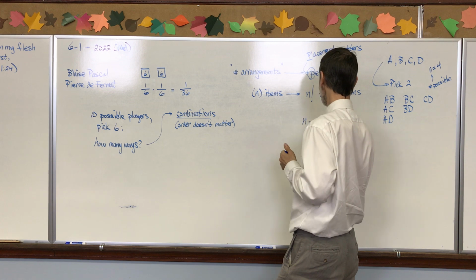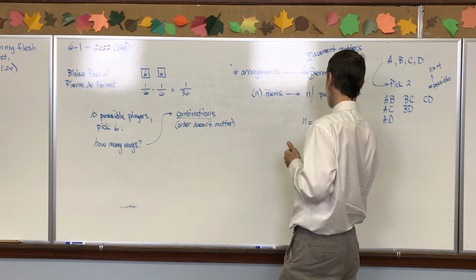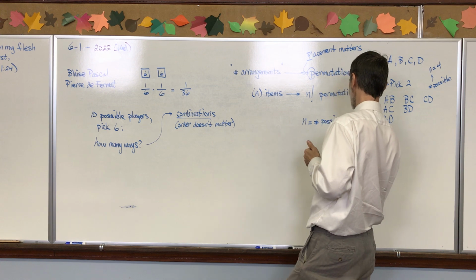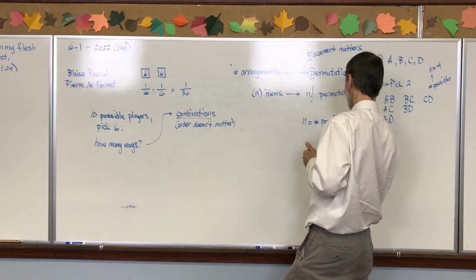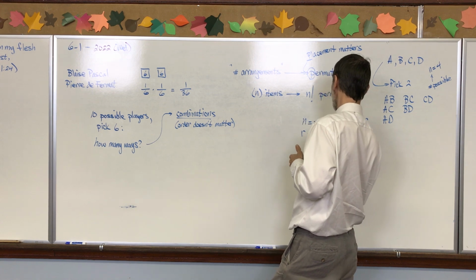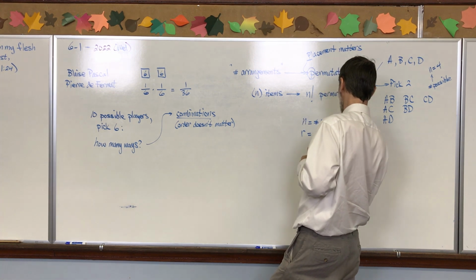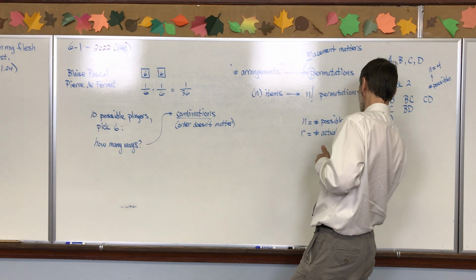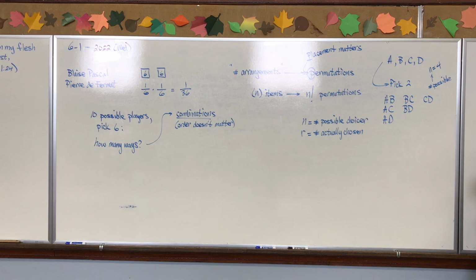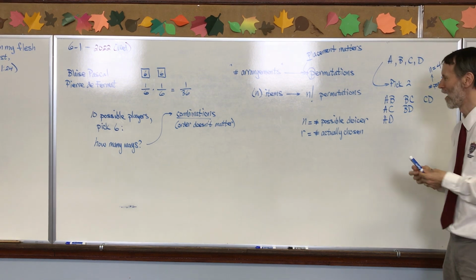N is the number of possible choices, and the letter R is the number actually chosen. And R cannot be bigger than N, obviously. You can't have 10 people and choose 11. Doesn't make any sense.